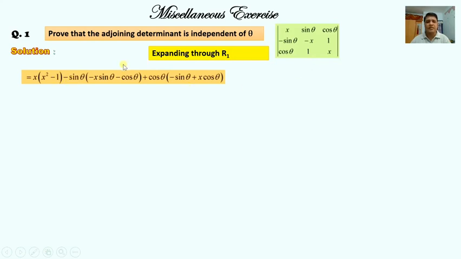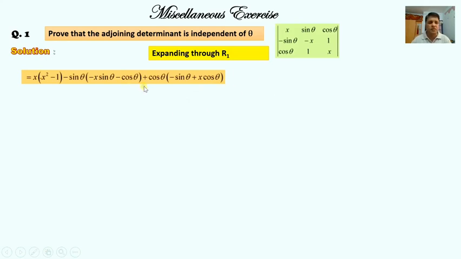The second element is minus sine theta, so minus minus sine theta into x, minus x sine theta, and minus cos theta. The third element is cos theta, so leaving this way, minus sine theta into 1 minus sine theta, minus minus becomes plus, and x into cos theta, x cos theta.